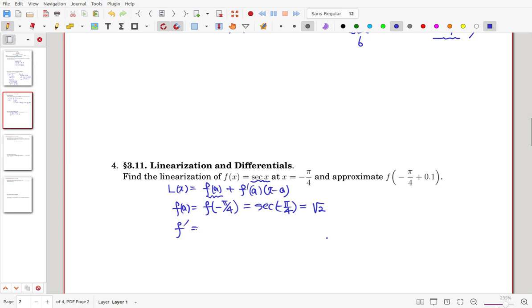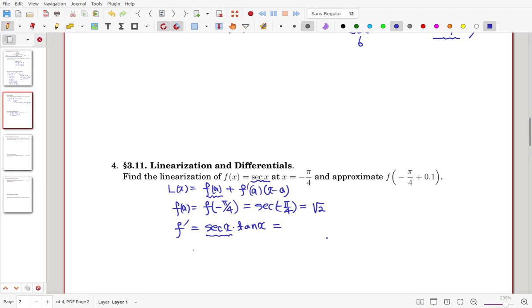Now we have to find f prime at minus pi over 4. Okay, f prime. First we take the derivative of sec x, and that is sec x times tangent of x. Right?